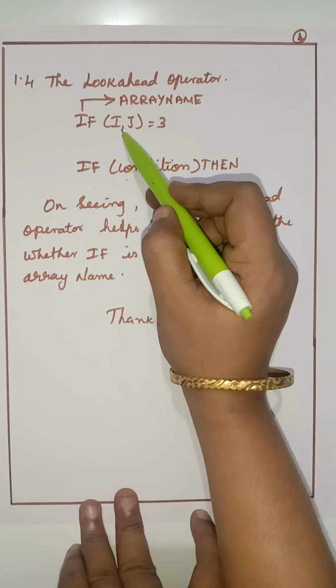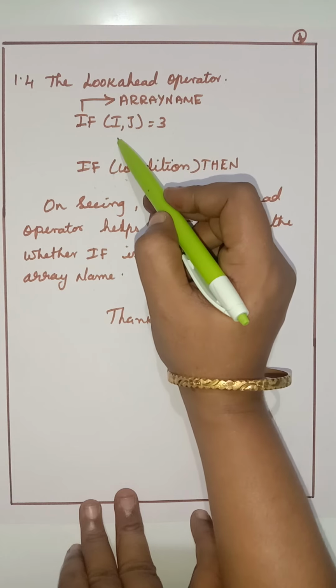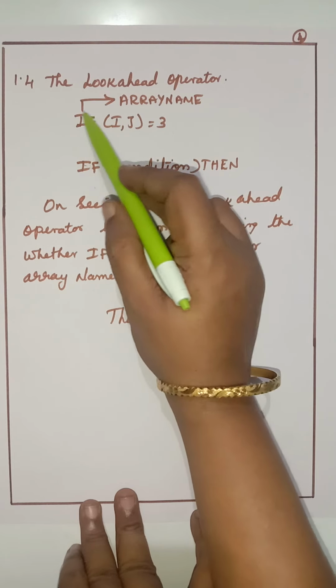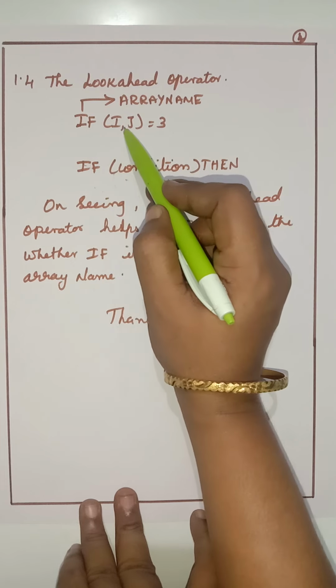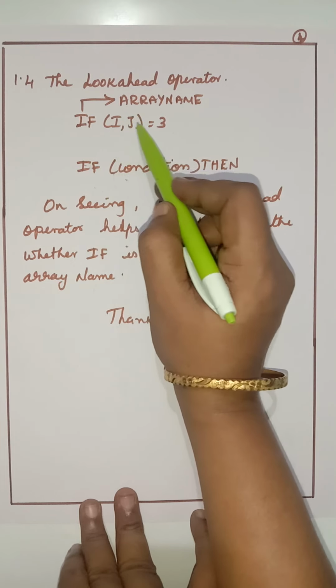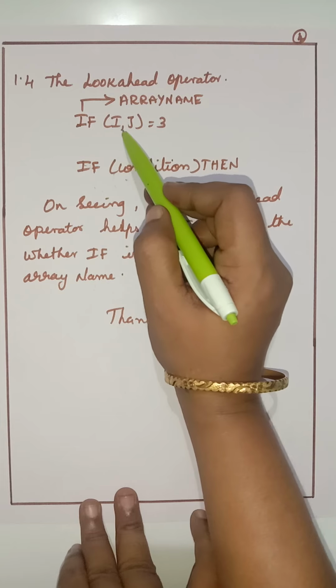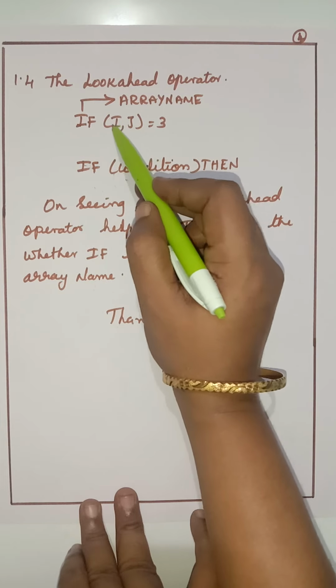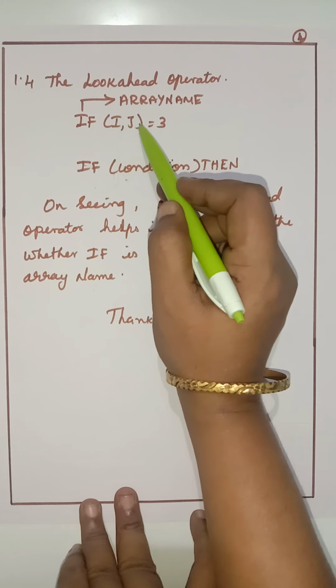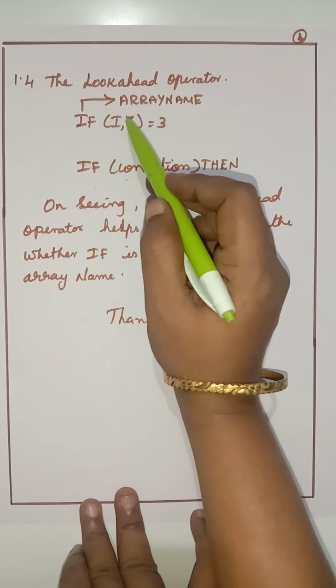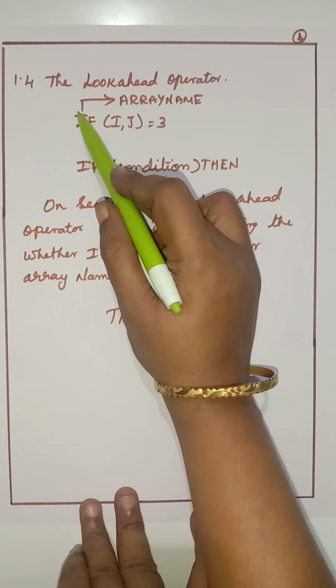Once it reaches the comma symbol, it identifies that this is not the keyword. If it's not the keyword, it must be an array name, and the two values separated by a comma are the 2-dimensional index. Now it announces that IF is an array name.